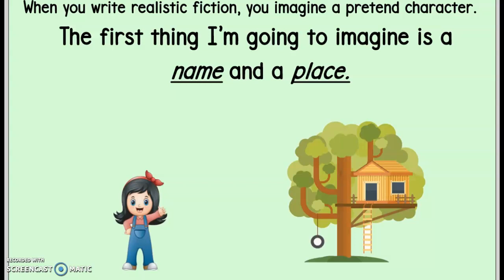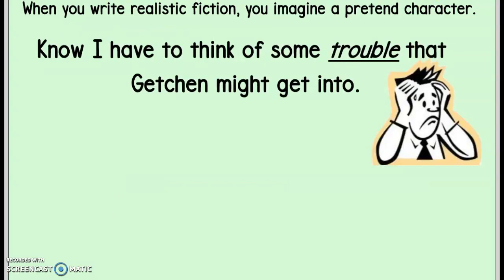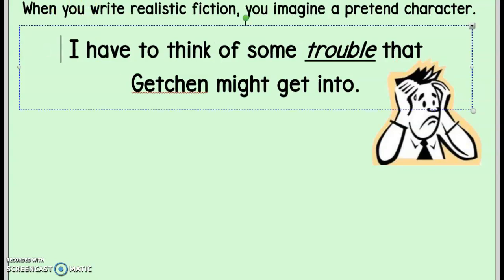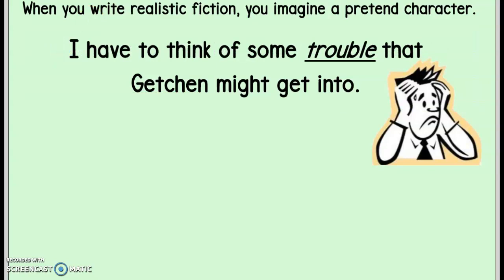All right, the next step after you have those things is we need to think, I have to think of some trouble that Gretchen might get into. What kind of trouble could she get into? Well, if I think about a tree fort, I'm picturing a tree fort with a girl in it.